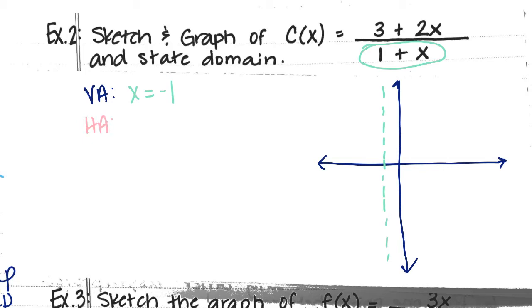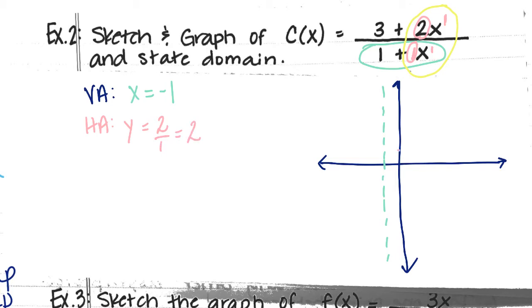A horizontal asymptote is my n over my m. Now this one's a little mixed up for us because it's not written in descending order, so we have to know that we are still looking at the coefficients of this. So y will equal 2 over 1, which is equal to 2.